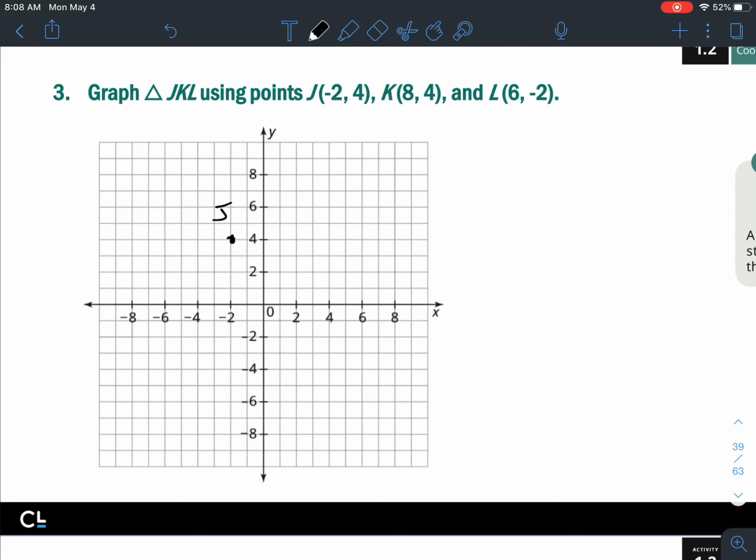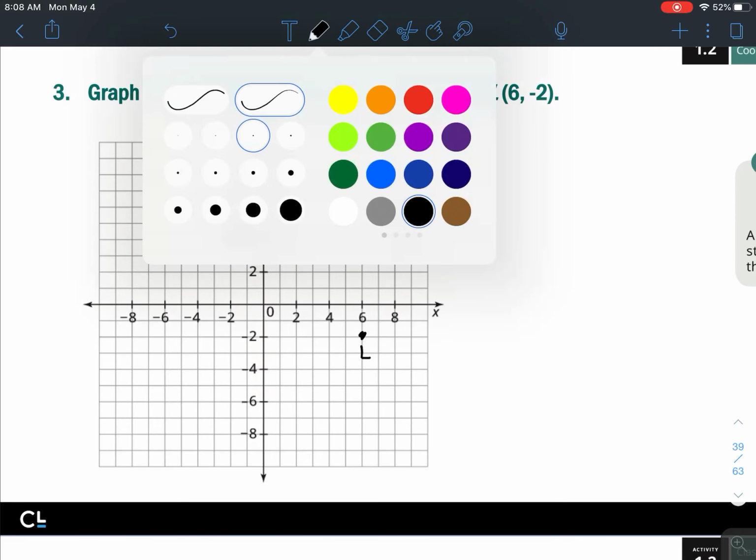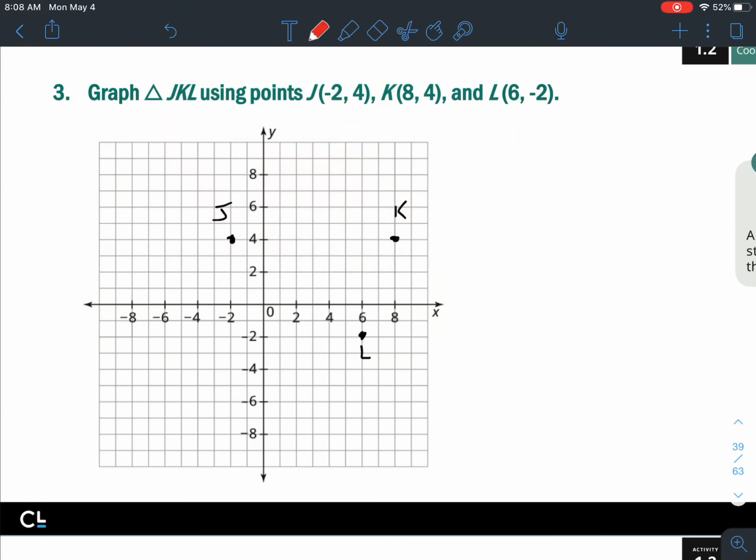That's 1 point. We can label it as J. K is 8 on the x and 4 on the y. So we label that as our K. And then lastly, our L is +6x, -2y, which would be right there, and we can label that as L. So when we connect this, I'm going to use a red line to connect.